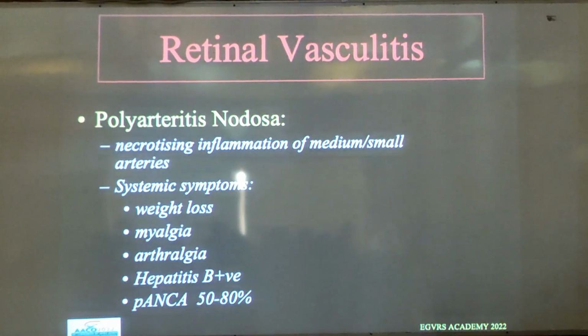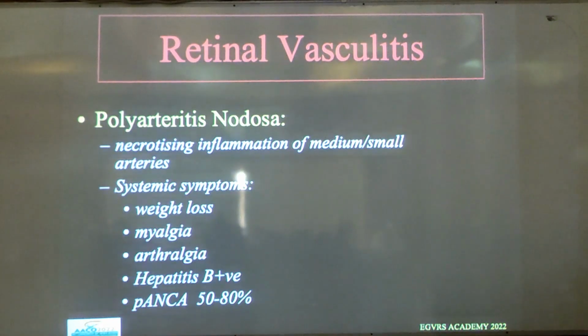Polyarteritis nodosa, again, is one of the autoimmune vasculitides, which can affect the retina, actually the choroid, with a necrotizing inflammation of the medium and small arteries. What about the systemic symptoms? You know these patients usually can develop this polyarteritis after hepatitis B infection. How to diagnose it?